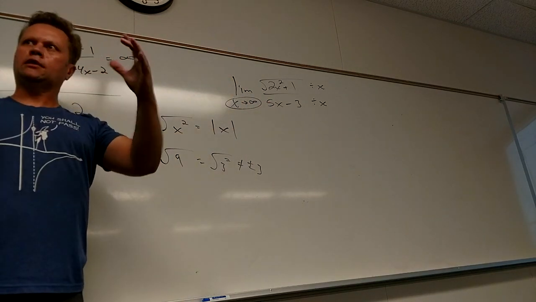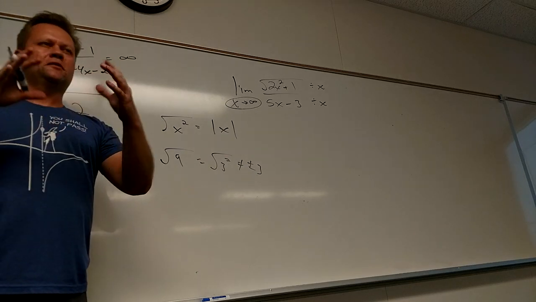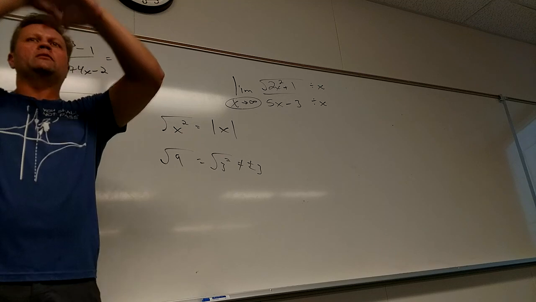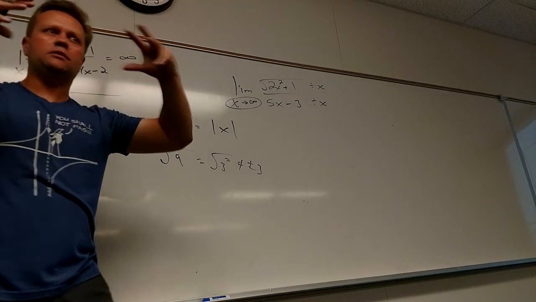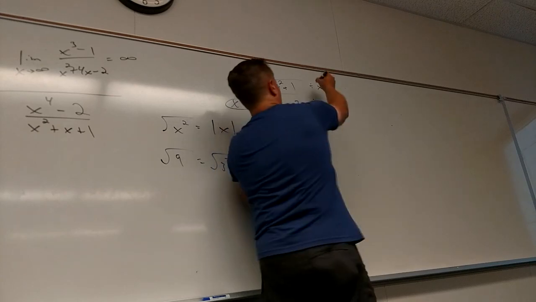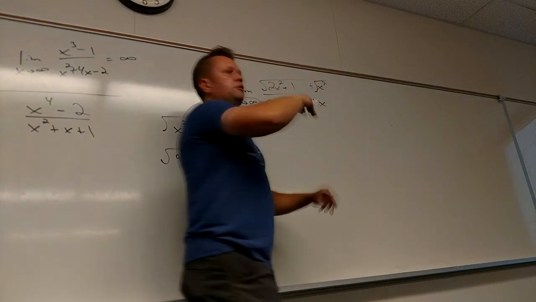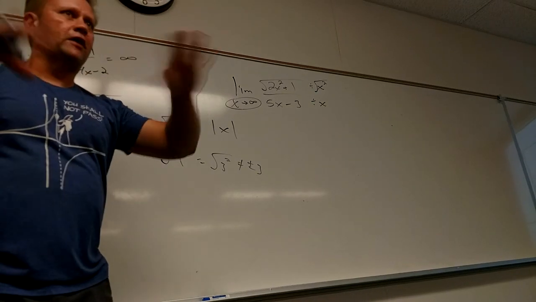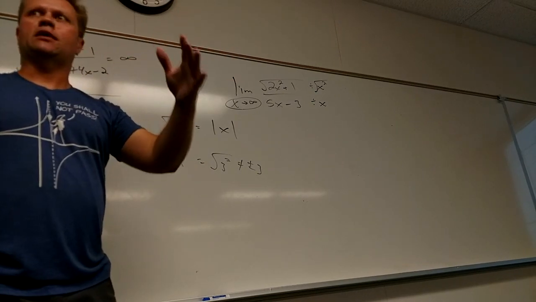Okay, so there's a lot going into this, but the look from above is not that hard. It's the same thing we were doing before. I want to divide by the highest power. I just have to make this one square root of x squared. So I am dividing by the same thing. I am following the rules of fractions. I'm doing the same thing to the top and bottom, right?